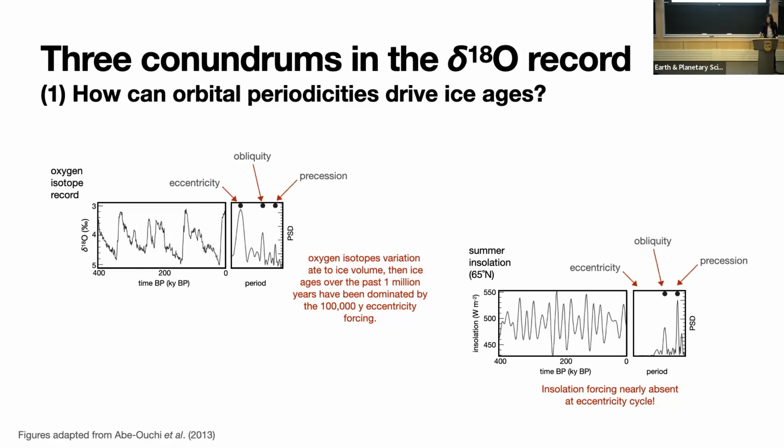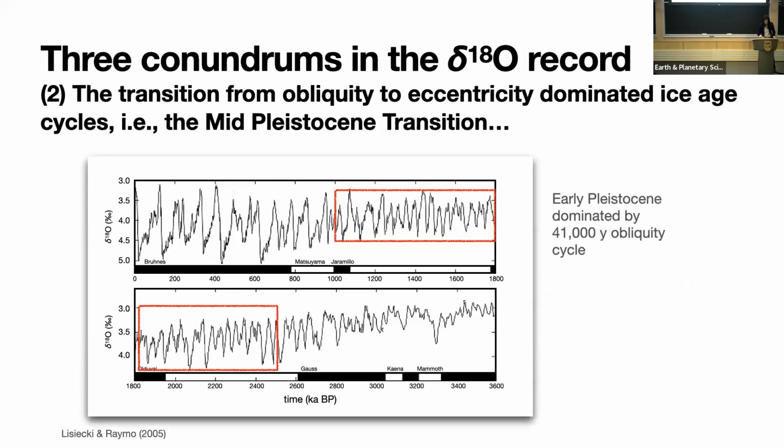And so that's the first conundrum. While these dramatic ice ages seem to be paced at the eccentricity period, the Milankovitch cycles actually show very little power in that period in terms of how the orbital cycles change insolation.